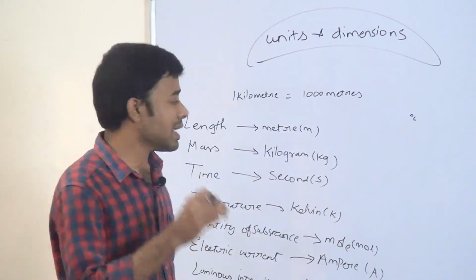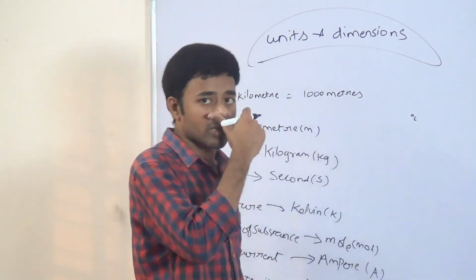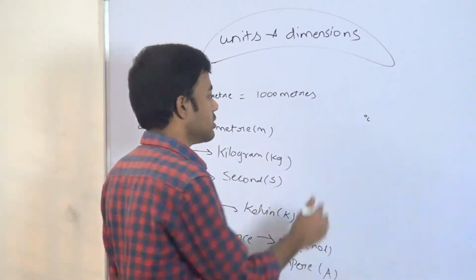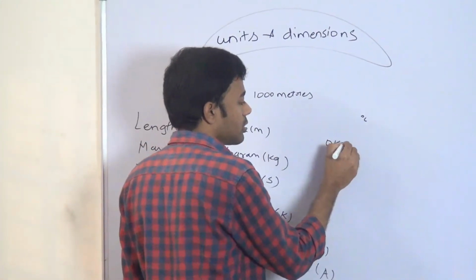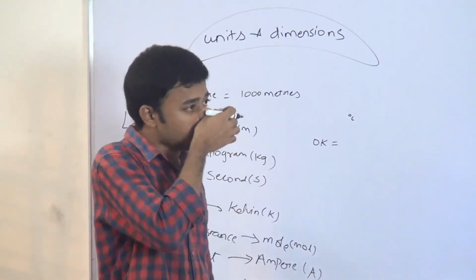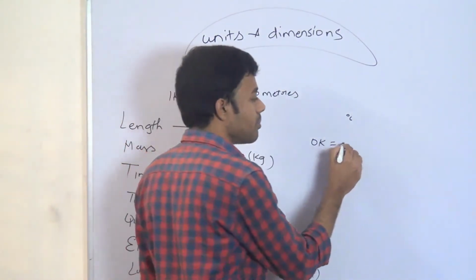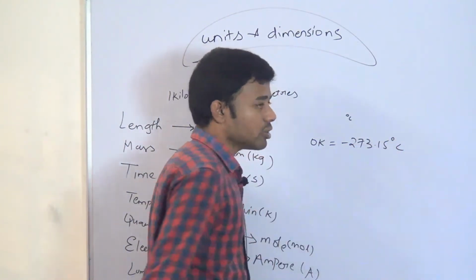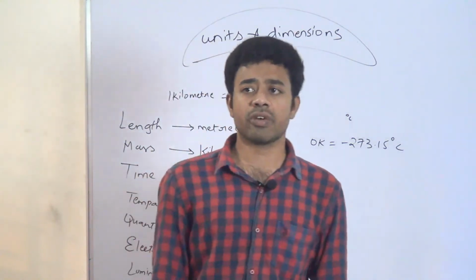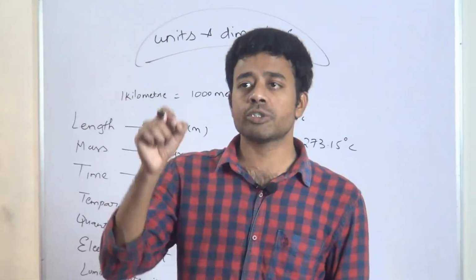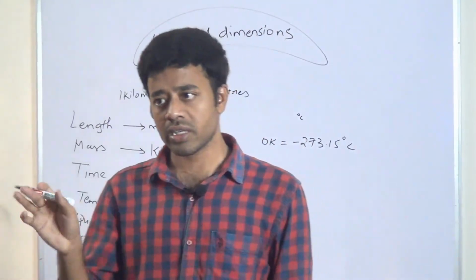This Kelvin starts from the absolute zero temperature. That is 0 Kelvin, which equals minus 273.15 degrees centigrade. This is the least possible temperature, so it is taken as 0 Kelvin.